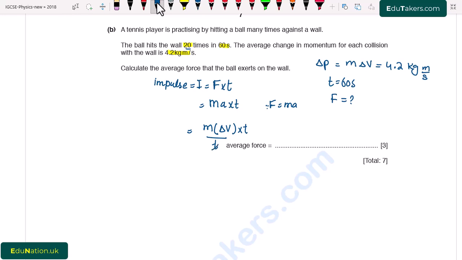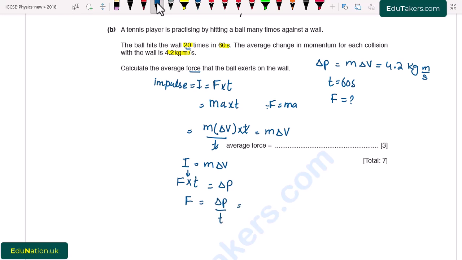So this t cancels and impulse becomes m delta V. We can simply say that impulse is equal to change in momentum. So I write here I, that is impulse, is equal to change in momentum, and here we have to find out the value of force. That's why I write here F times t, that is impulse, equal to delta P, and this force comes to be delta P over time.